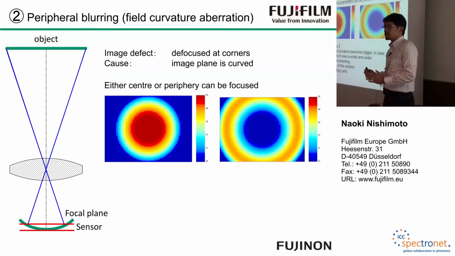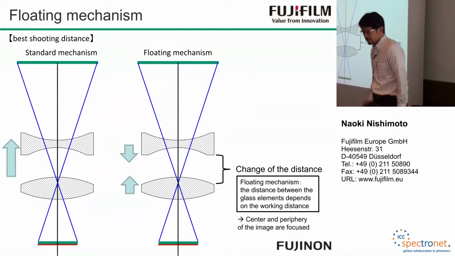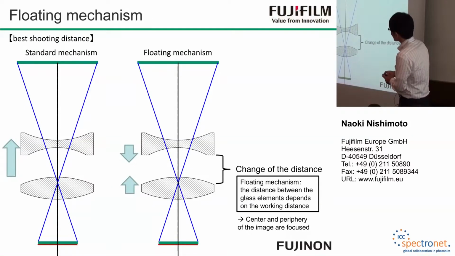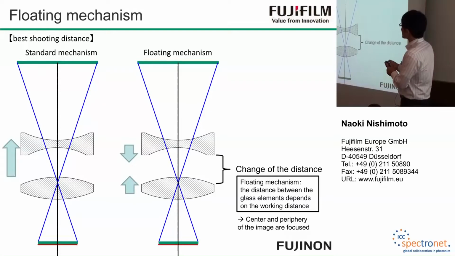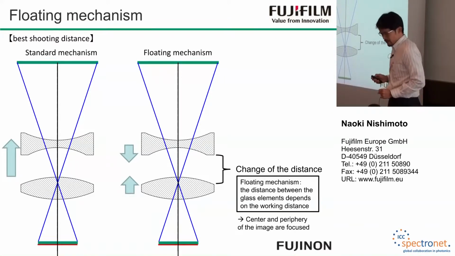Maybe you've heard of floating lens, but let's see what it is. At this time, it's the same picture, but the left side is a standard lens and the right side is a floating lens. The difference between them is the focusing mechanism.